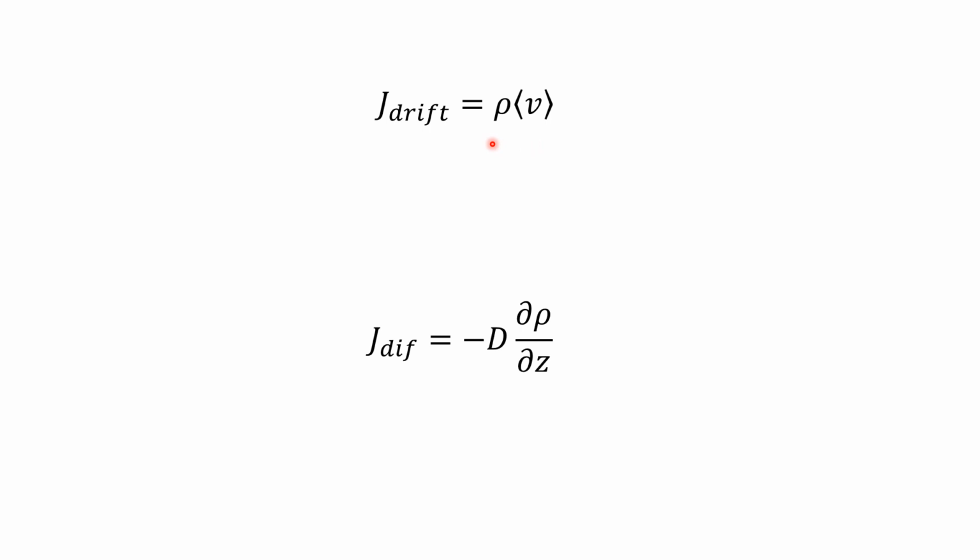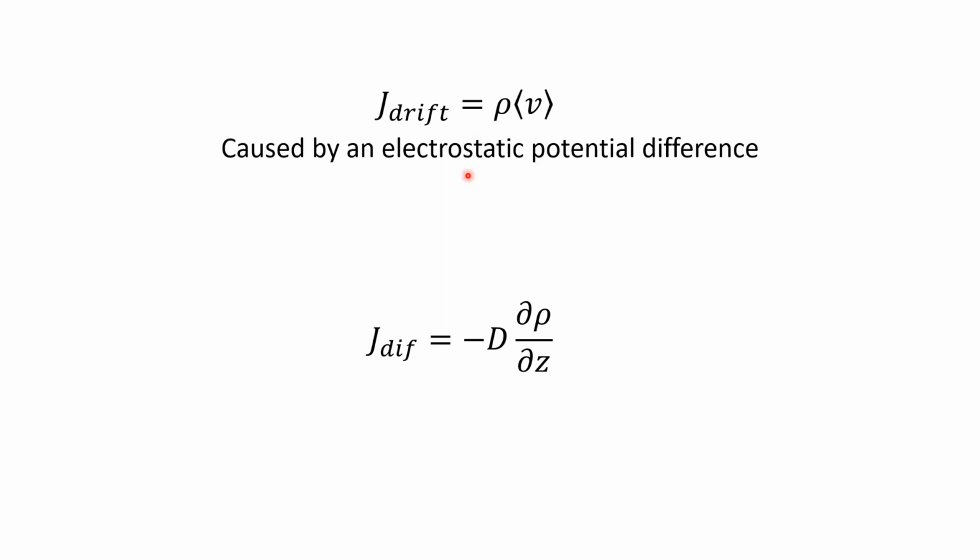In our course, the relevant force is electrostatic in nature, so it's a force described by an electric field. Since an electric field is associated with an electrostatic potential difference, we can say that the drift current is the current caused by an electrostatic potential difference.